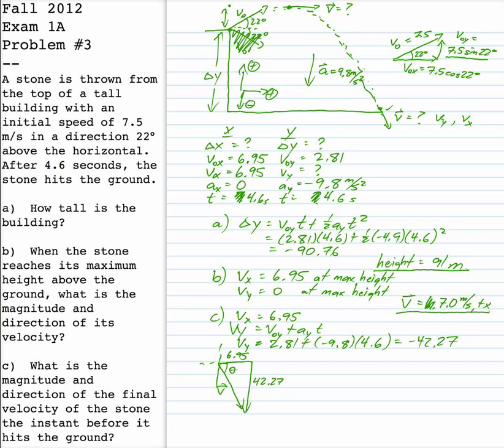Okay, so that triangle has a hypotenuse of v there. That's the magnitude of the velocity, and it's going to have an angle theta. So the magnitude of the final velocity is the square root of vx squared plus vy squared, which rounds off to 43 meters per second. And theta is inverse tangent of 42.27 divided by 6.95.